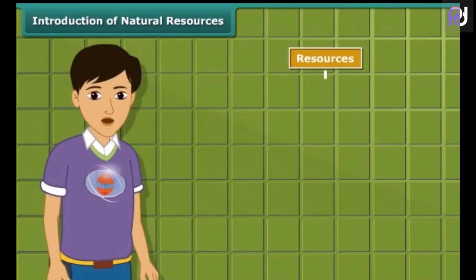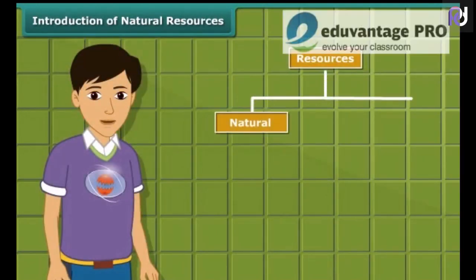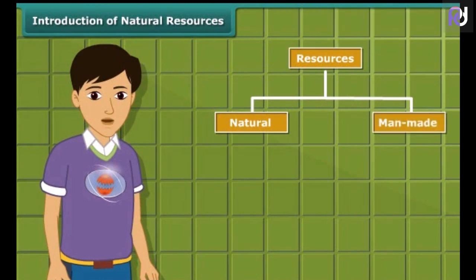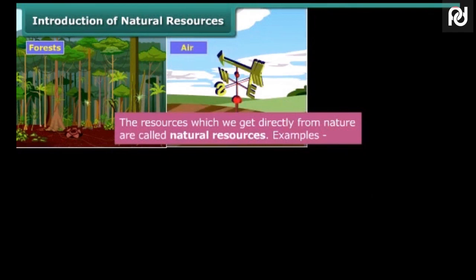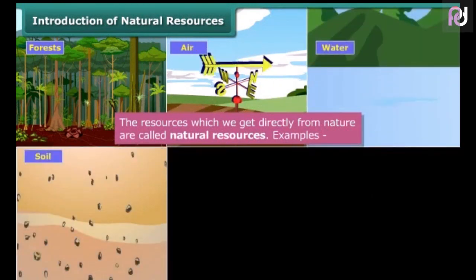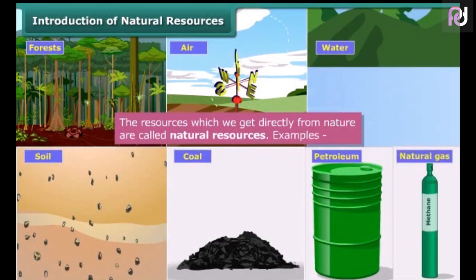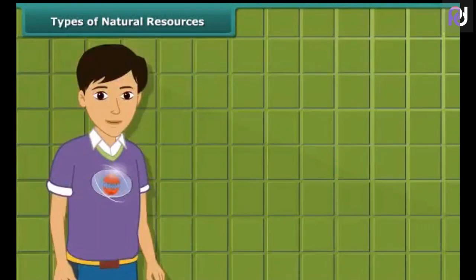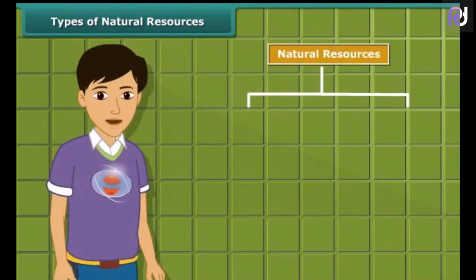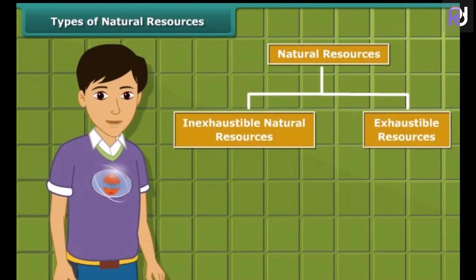The resources can be classified into two categories: natural resource and man-made resource. The resources that we are getting directly from nature are called natural resources, like forest, air, water, coal, petroleum and natural gas. There are subtypes of natural resources, namely inexhaustible natural resource and exhaustible natural resource.